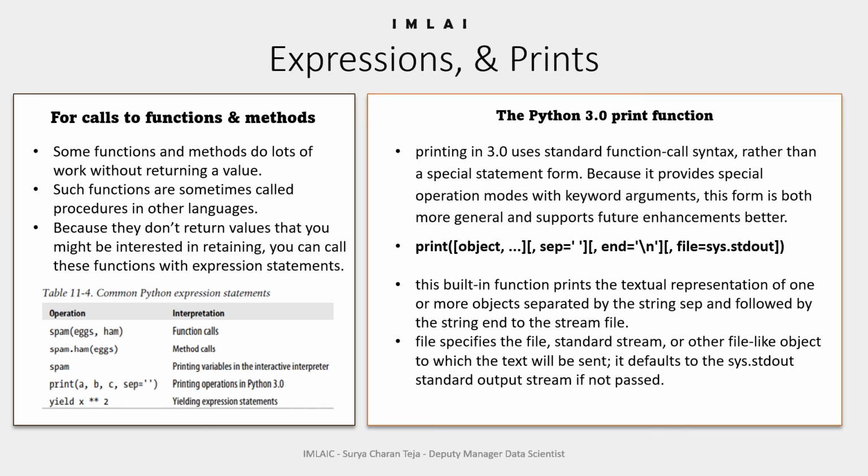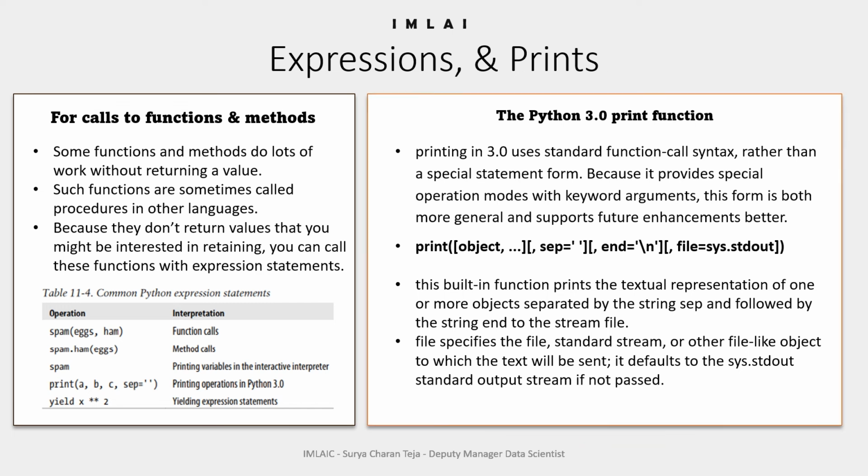It defaults to the sys.stdout standard output stream if not passed. Let's open the Jupyter notebook and do a bit of coding about that, then it will be much clearer.